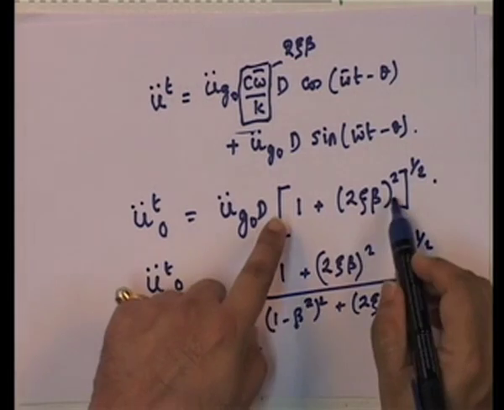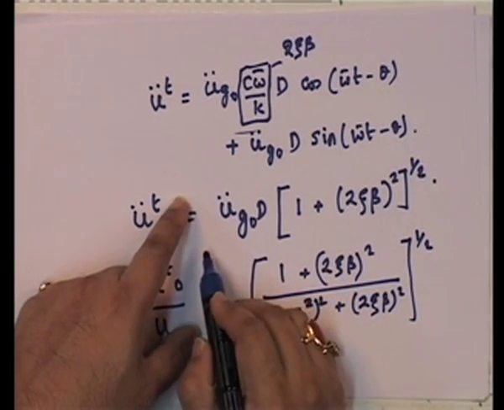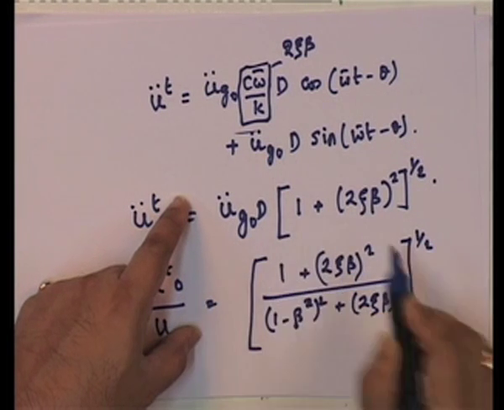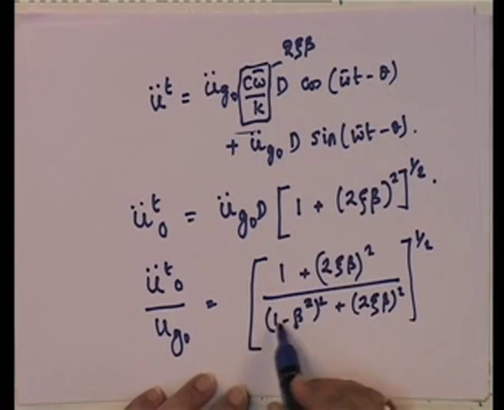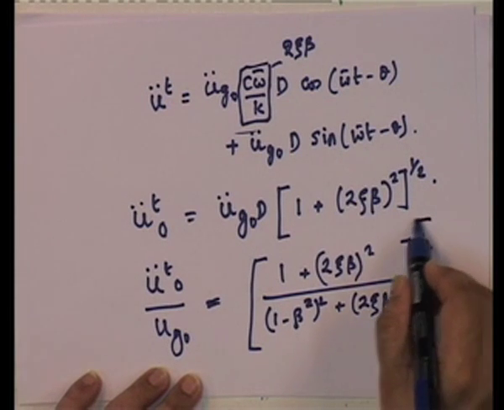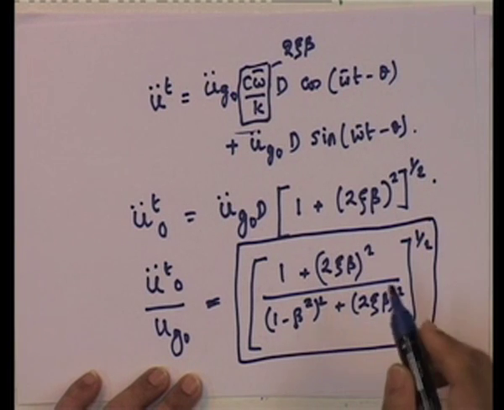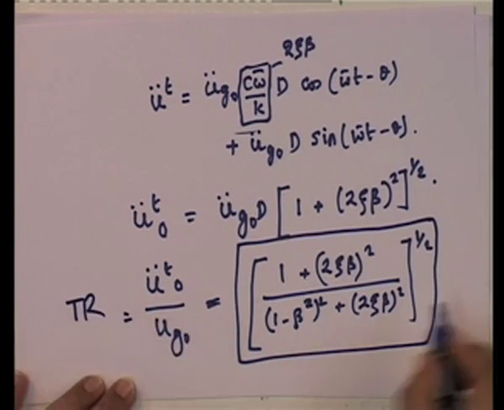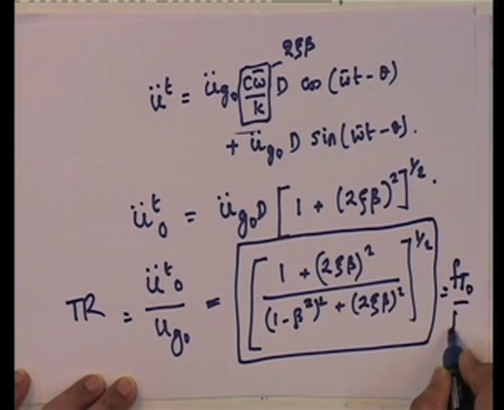So, you see I have multiplied this with d. D is 1 upon square root of 1 minus beta squared the whole squared plus 2 xi beta squared. Okay. So, I have just put it inside the square root, and this is what I get. And note, look at this. What is this? This is the same as the transmissibility ratio, which was f t 0 upon f 0.